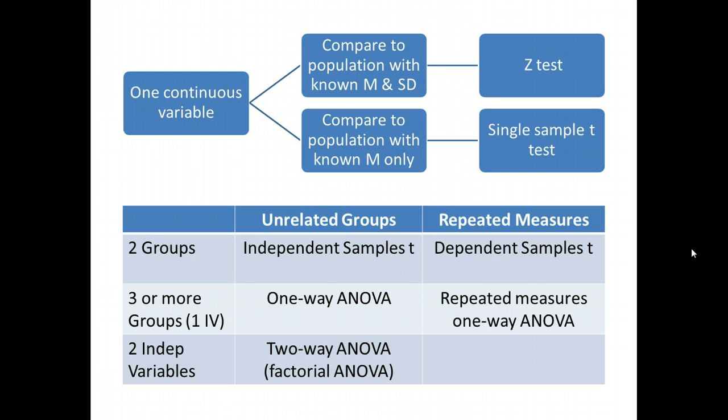There's also something called a split plot factorial design, where you've got some independent variables that are unrelated and some that are repeated, and all of that just gets too complicated. So whenever I give you a 2-way ANOVA, it will be a 2-way ANOVA where the 2 independent variables are describing unrelated groups.